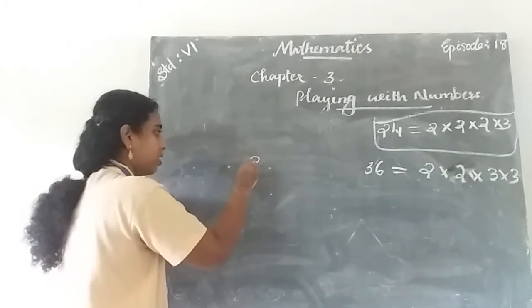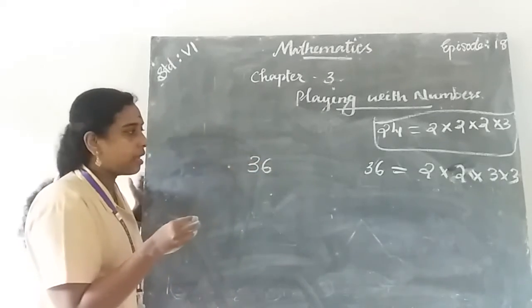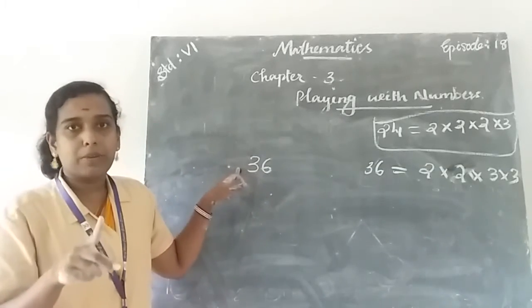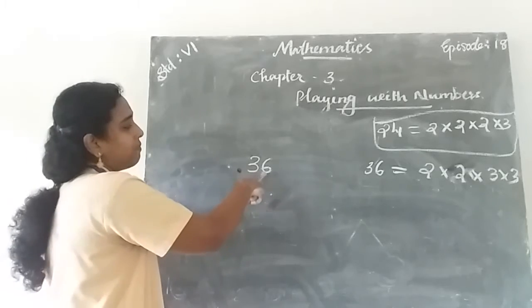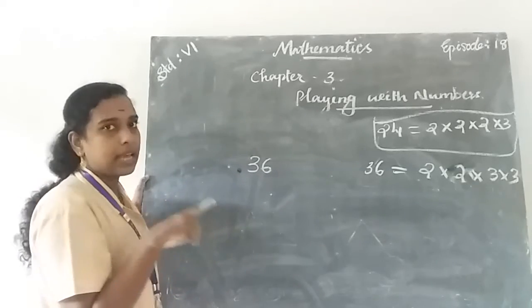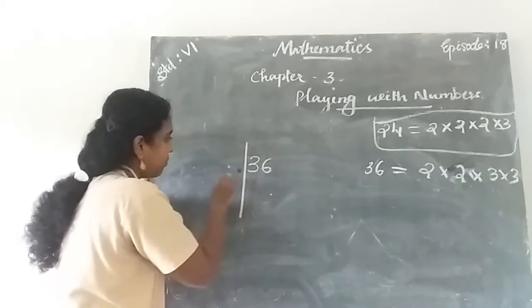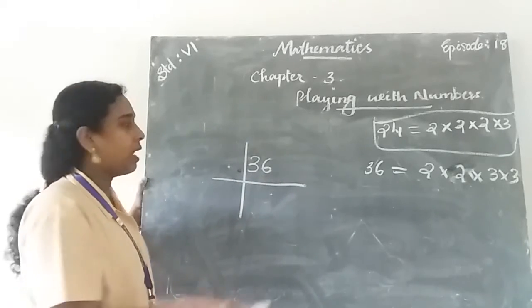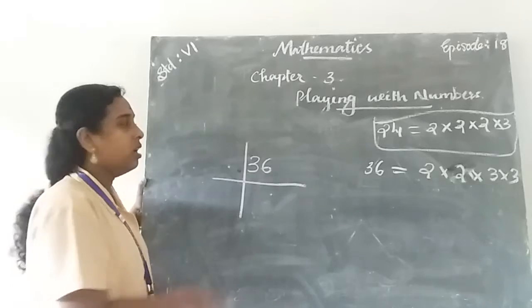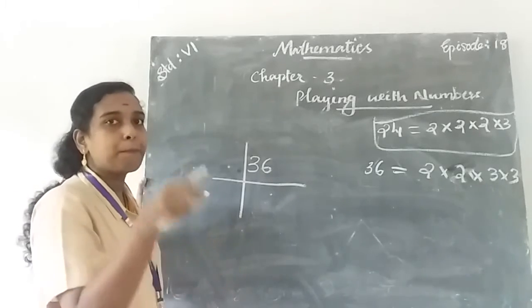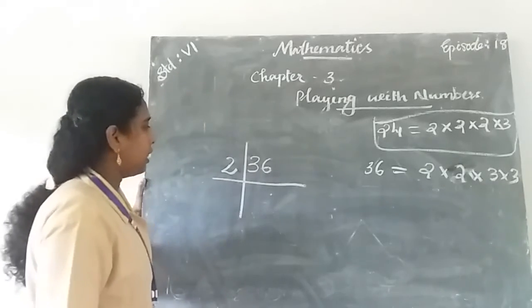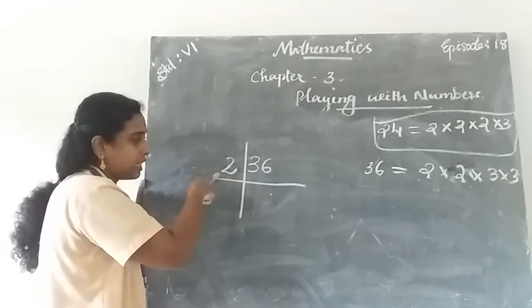Is 36 an even number or not? 36 is an even number, since the number ends with 6. So we divide the number by 2. 2 is a prime number and the number is even, so we write 2 here. Then we divide 36 by 2.